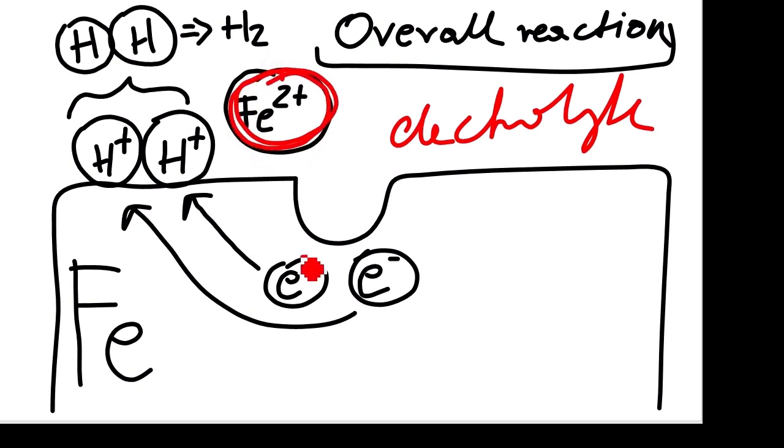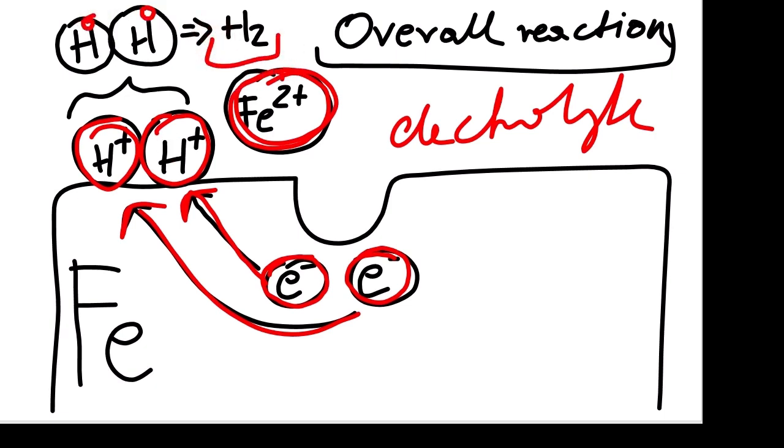This iron atom leaves 2 electrons which are consumed by 2 hydrogen cations. So there is a creation of the particle of hydrogen consisting of 2 atoms of hydrogen, every single one with oxidation state equal to 0. So this is the overall electrochemical reaction.